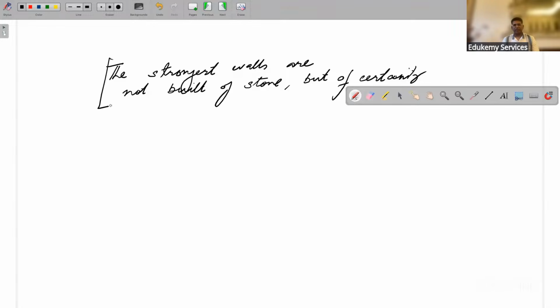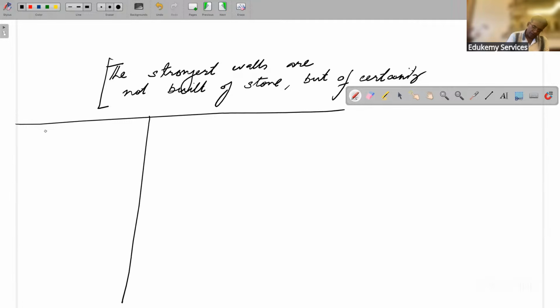Can we spend some time thinking about this topic and then tell me, what is the topic about? The strongest walls are not built of stone, but of certainty. Vision and willpower.